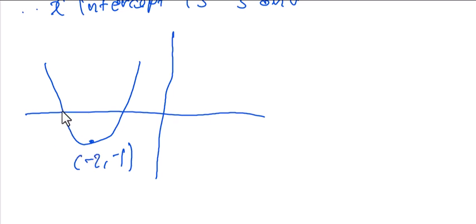Here we have 3, and on this side negative 3, 0, and negative 1, 0. So this is our x-axis and this is our y-axis.